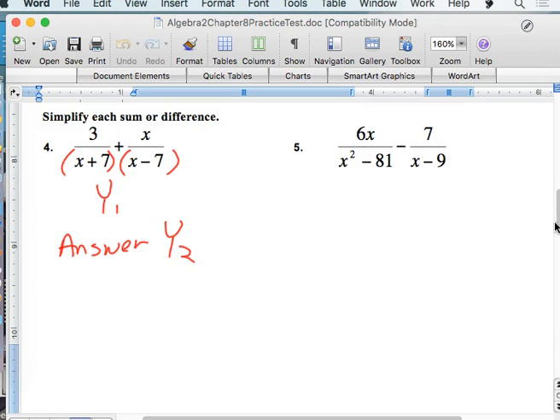Alrighty, 4, 3, 2, 1, 0: rate your comfort level for this little test we're going to take tomorrow. Some people more than others. Yep. Okay. Well, let me give you some practice at it.